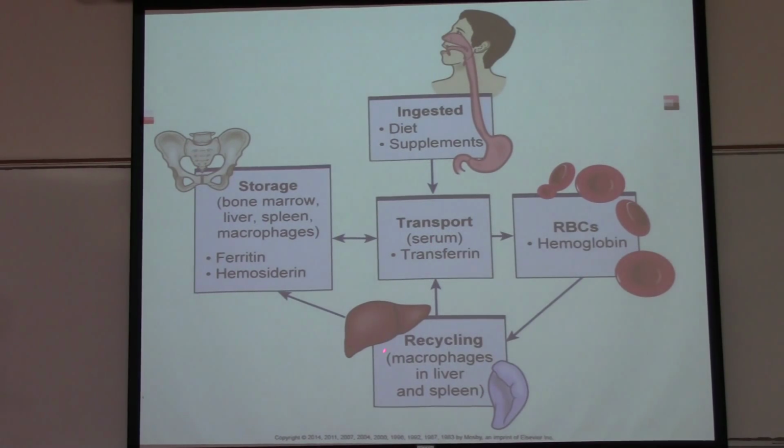We get it from recycled red cells. It's transported by transferrin either to a storage place or to make red cells. The only loss of iron is a little bit that has to be supplemented by the diet. But of the iron, 2/3 is in the hemoglobin and 1/3 is stored. All of that is recycled.